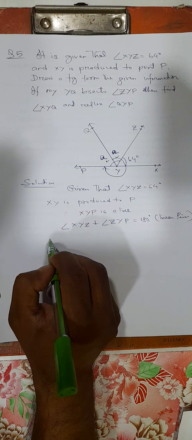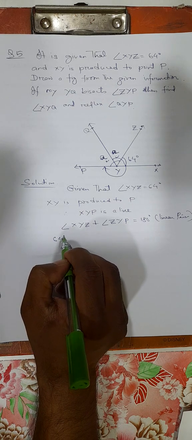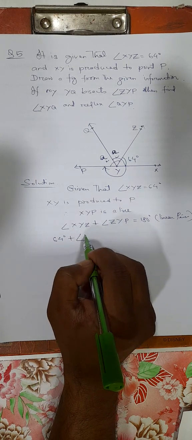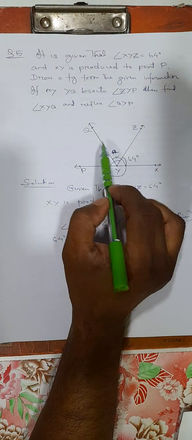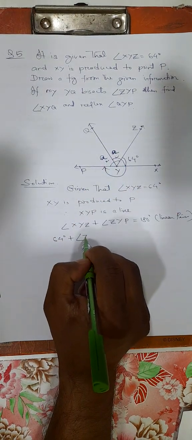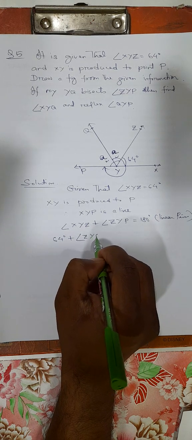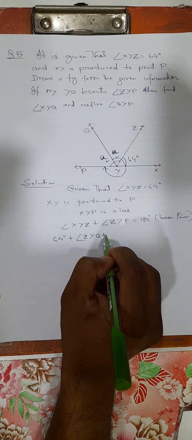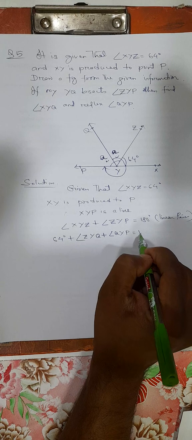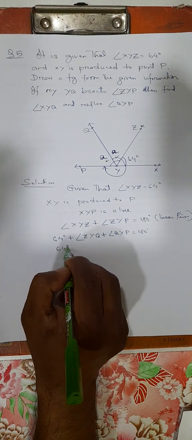Now XYZ means 64 degrees plus angle ZYP. ZYP, in terms of ray YQ, you can write as angle ZYQ plus angle QYP equal to 180 degrees. 64 degrees plus.